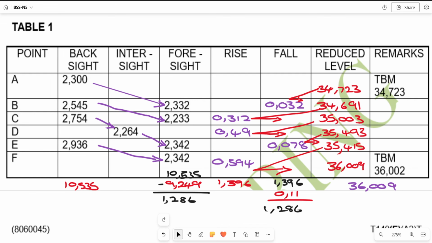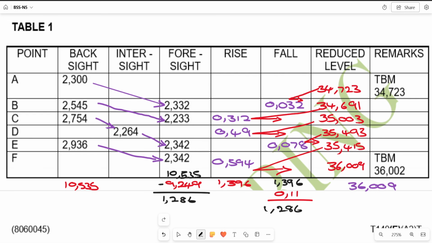However, I would just like to try this on my calculator and see what happens if I say 36.009 minus 34.723. Ooh, would you look at that? Yeah, okay, I was doubting that. This also has to make sense, guys.